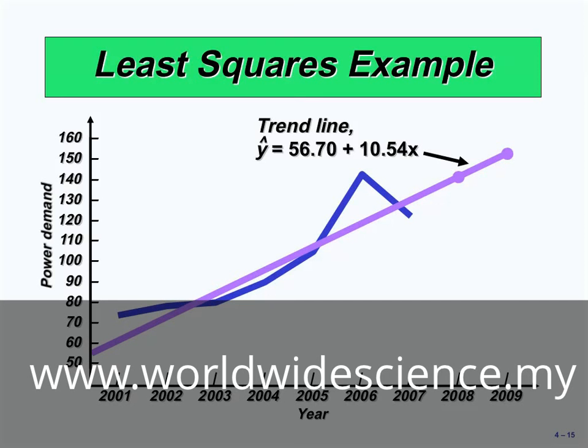And don't forget that you should allocate a number to each year, and you cannot use years directly instead of x. For example, you cannot use the year 2002 in x. You cannot say that y equals 56.7 plus 10.54 multiplied by, for example, 2002.